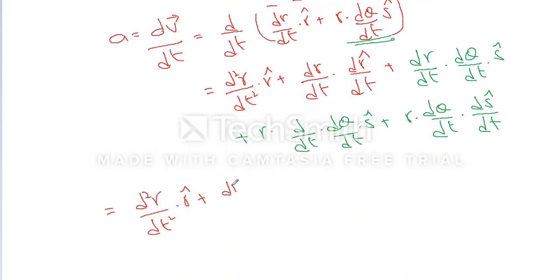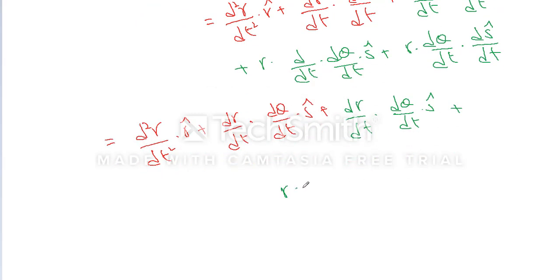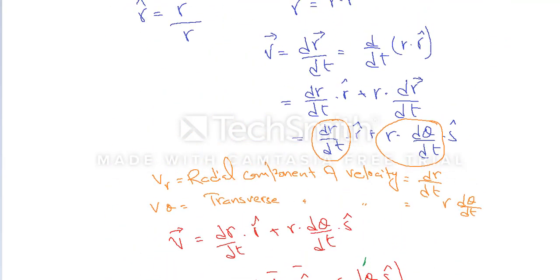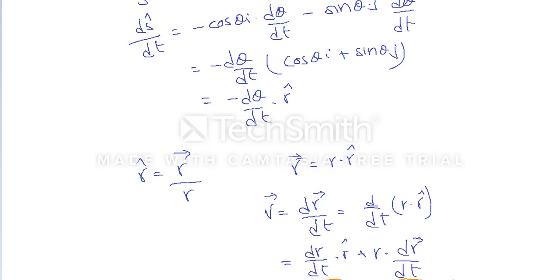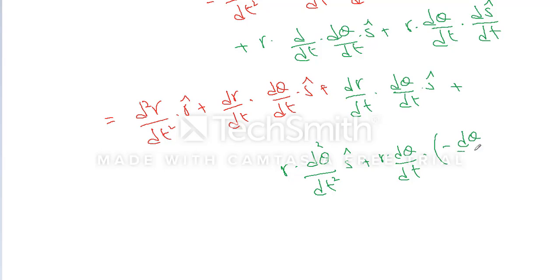So we can write this as dr/dt and this term can be written as dθ/dt into s unit vector, plus dr/dt dθ/dt into s unit vector, plus r, this can be written as d²θ/dt² s unit vector, plus r dθ/dt, and in the last video we also saw that ds/dt we can write as minus dθ/dt into r unit vector.